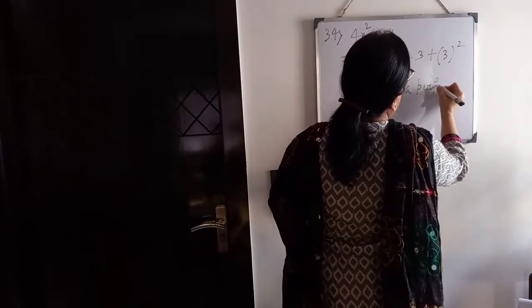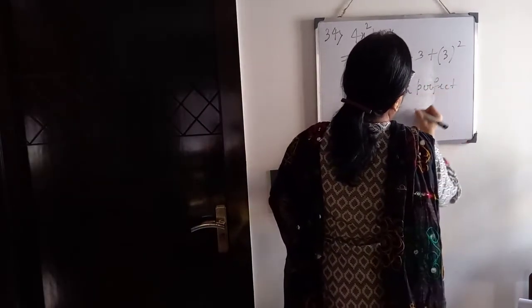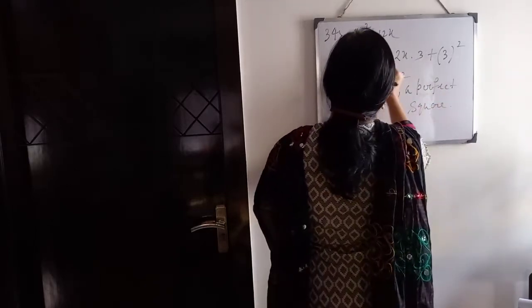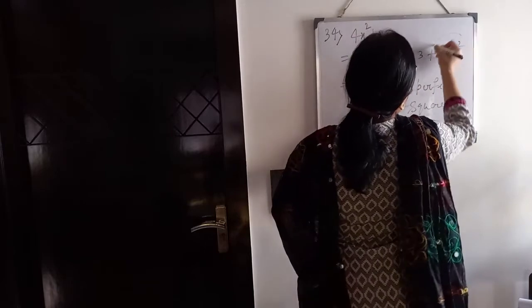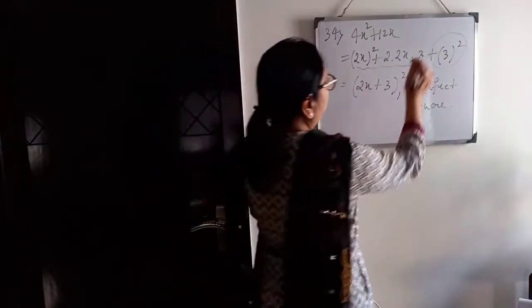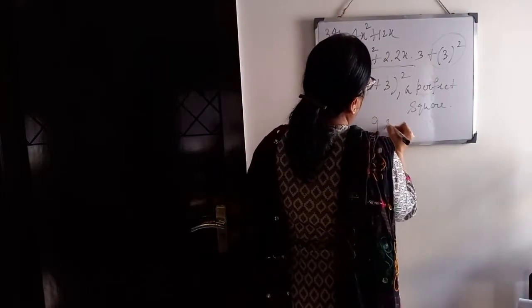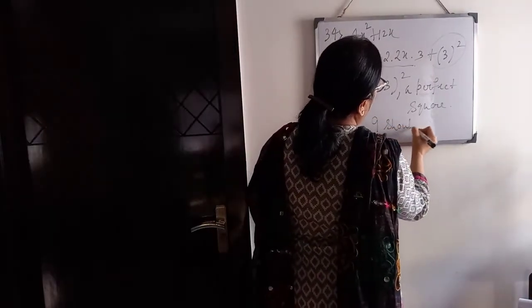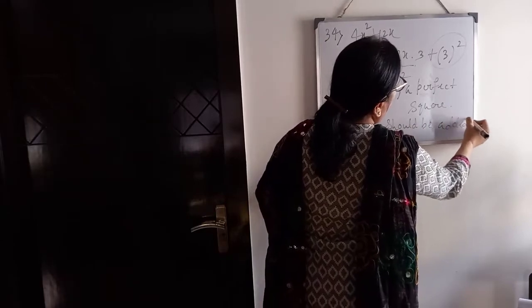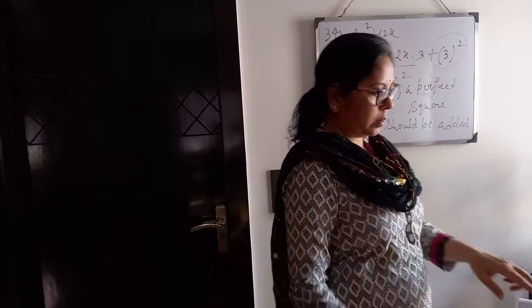Now up to this, we have added this portion. So how much have you added? 3 square means 9. So your answer will be 9 should be added. Clear?